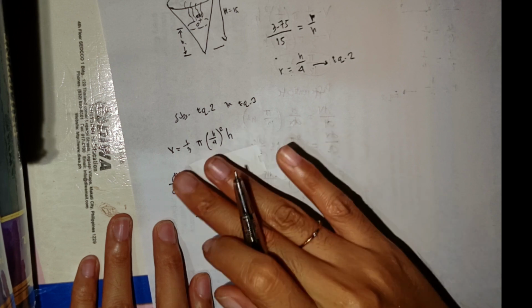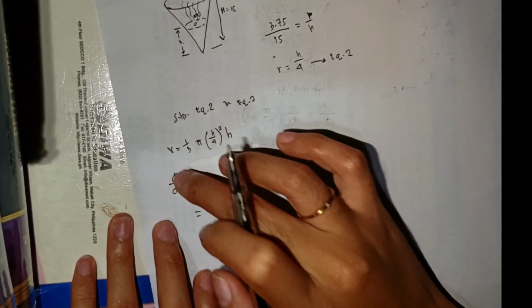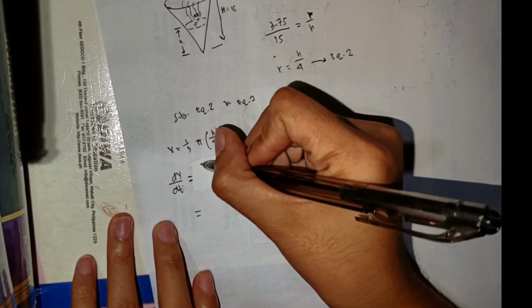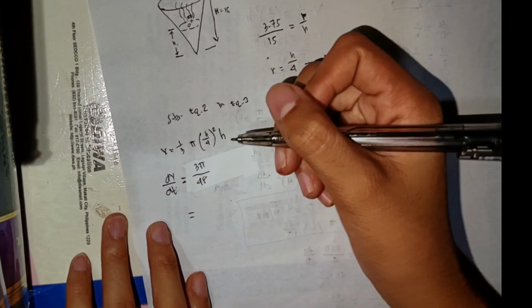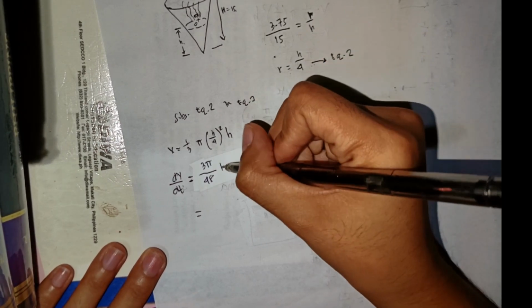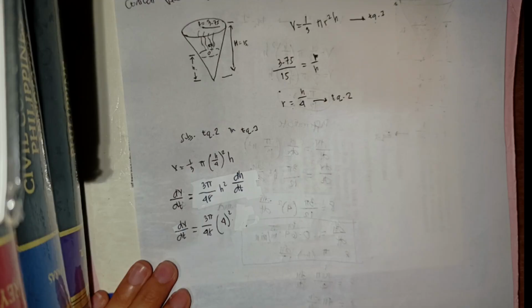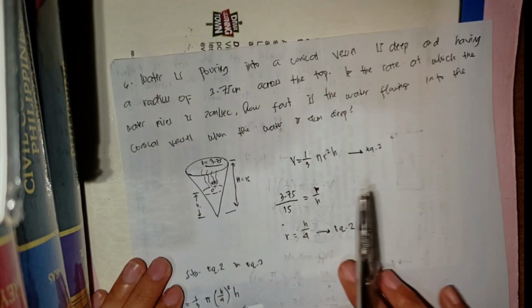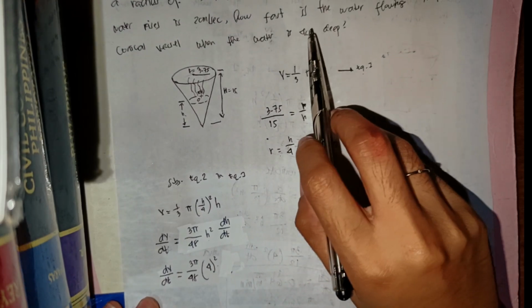So, let's differentiate both sides with respect to time. So, dV/dt is equal to 3 pi over 48 h squared dh/dt. Let's substitute dh/dt with 2 cm and h with 4 cm.